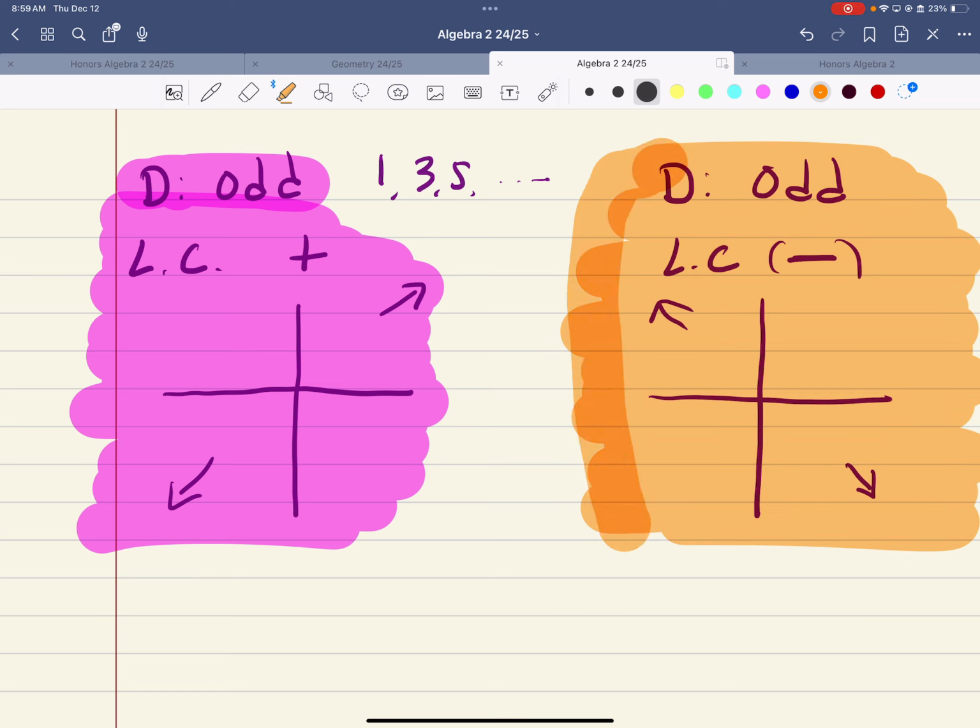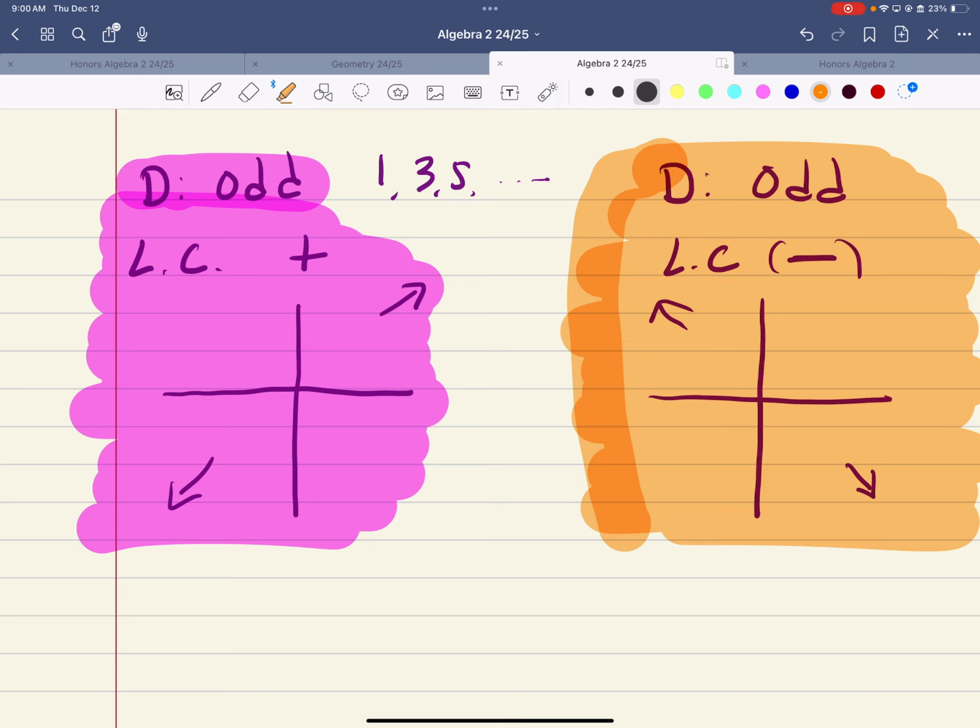Now, how do I keep it straight? Even and positive goes up, even and negative goes down. Odd and positive goes up, like the slope. Think about slope. Positive slopes go up, right? Even and positive is going to end up going up.